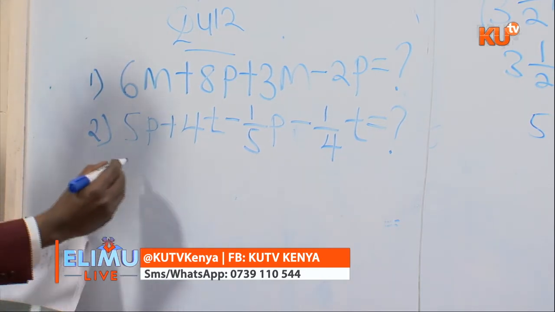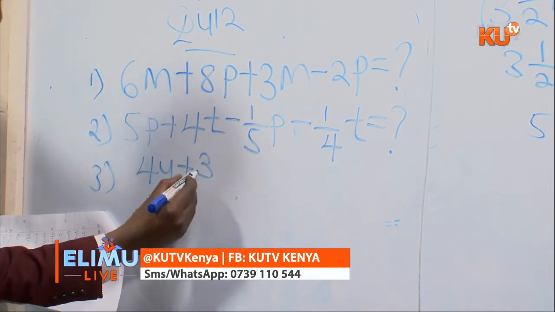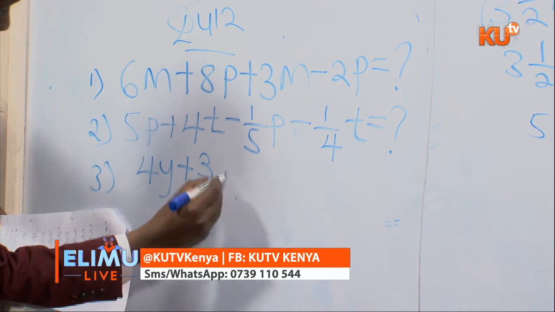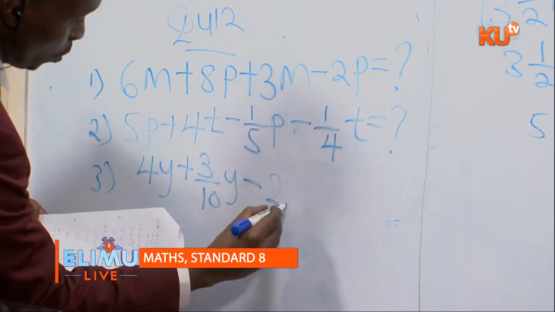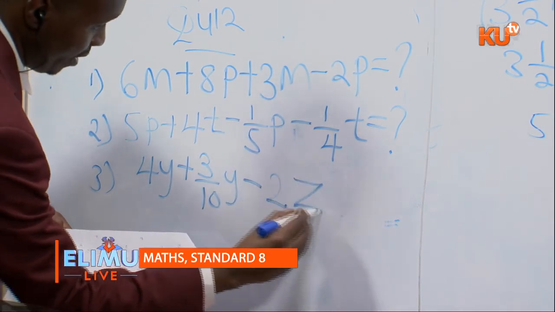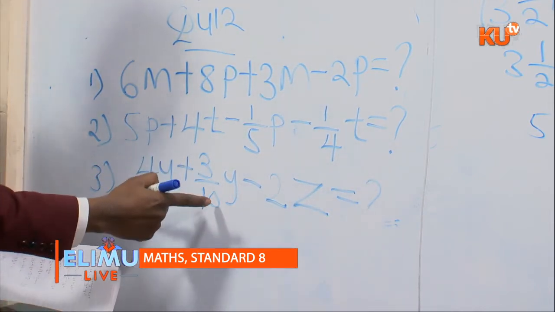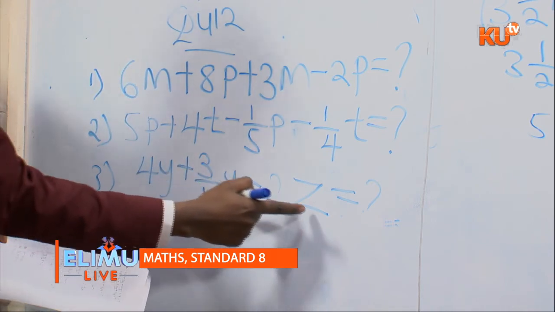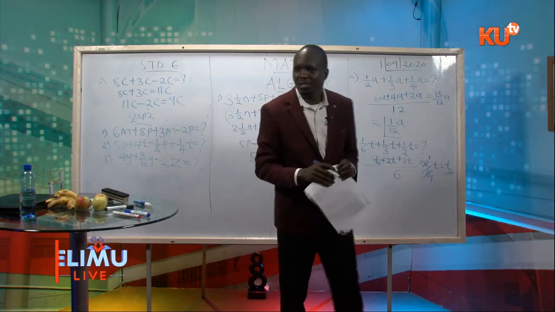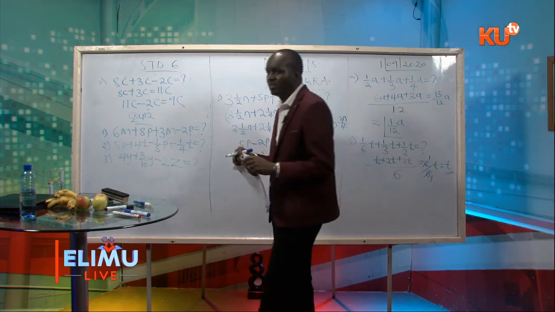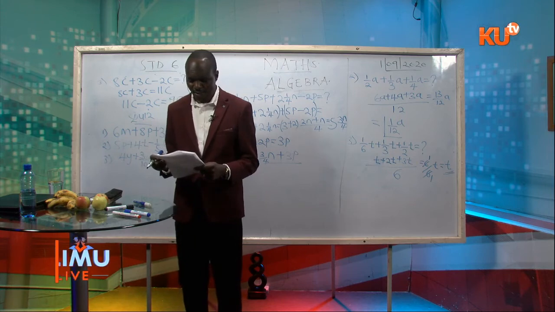Finally, we have got 4y plus 3 all over 10y take away 2z. That is 4y plus 3 over 10y take away 2z. What do we get? Okay. Work them out and send the answers through the number which has been displayed on your screen, and we shall see. Okay.